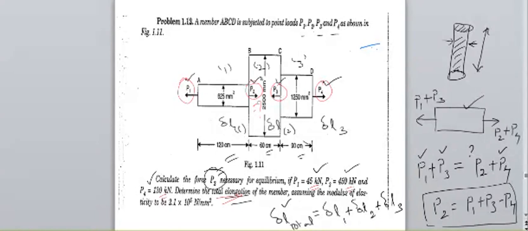Equilibrium condition is nothing but whatever forces are moving towards the left hand side must be equal to the forces moving towards the right hand side.